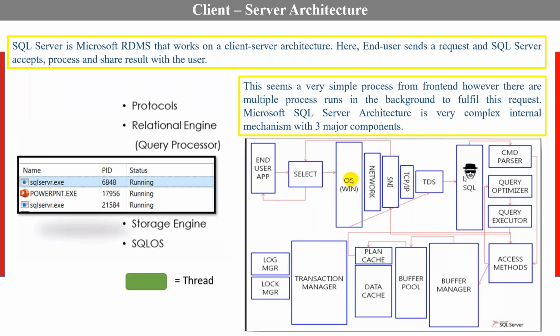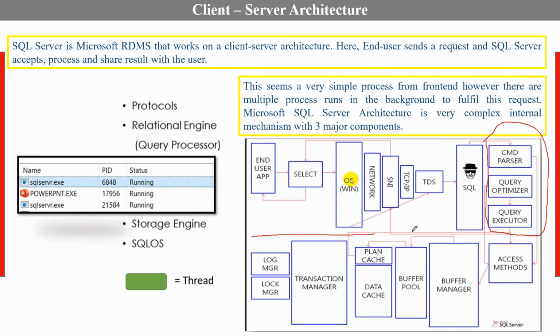That is the relational engine and the storage engine. So there are two sub engines in the database engine. Whatever you are seeing here, these three come into the relational engine.